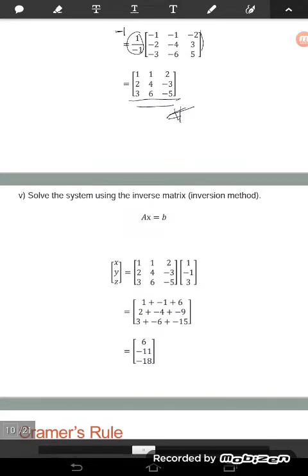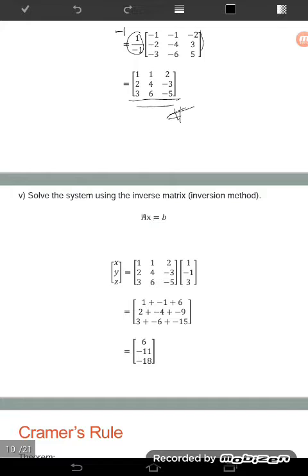Last time, the inverse method to solve the system for the variable matrix X. To solve this, we multiply this equation with the inverse of A. So A inverse times A times X is equal to A inverse times B. A inverse times A becomes the identity times X, equal to A inverse times B. Identity matrix times any matrix becomes that matrix. So X equals A inverse times B.